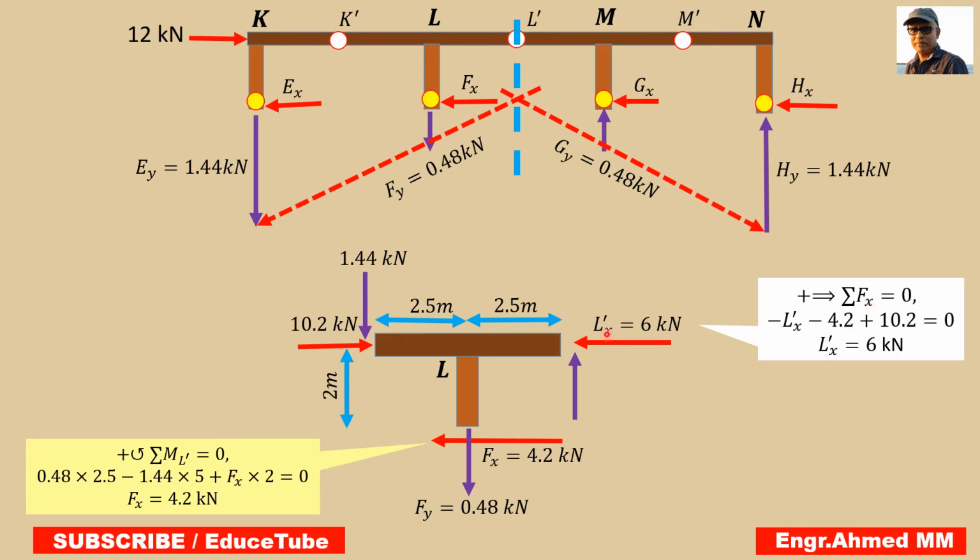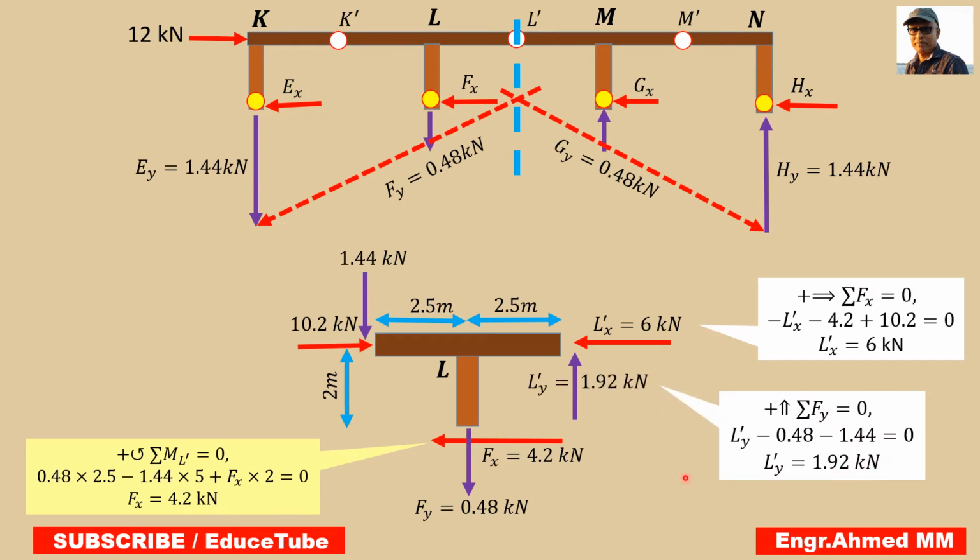I got this, so easily I can find it: 6. Then summing vertical forces, it will be 1.92, because the vertical forces are this one and this one we have. Putting these two values, I get this third one, L prime y, 1.92. So we are done with the L segment.